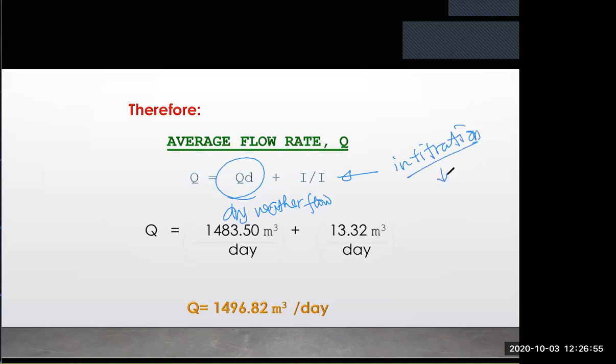Okay? Infiltration may be because there is intrusion or encroachment of your groundwater table, or for example, umulan, nagkaroon ng flood and then it went to your pipe, that is your infiltration. So, that is equal to 1,483.5 that was computed a while ago.